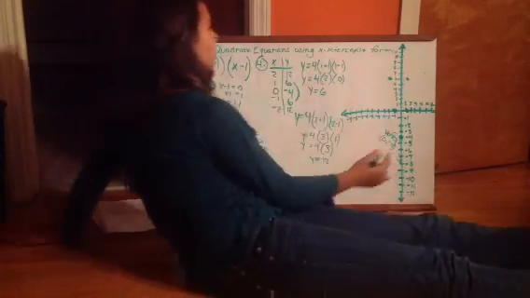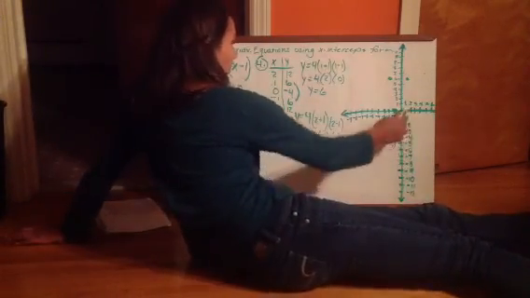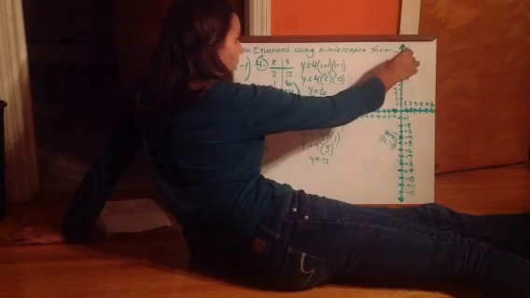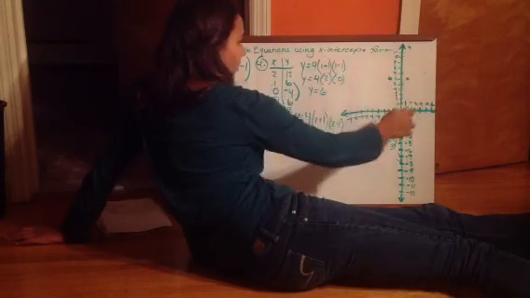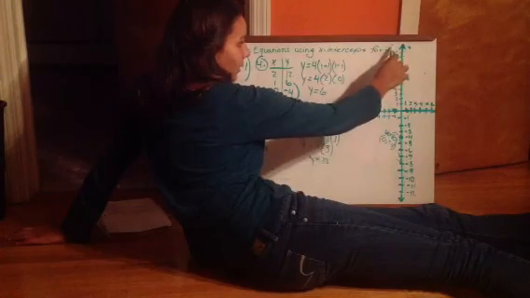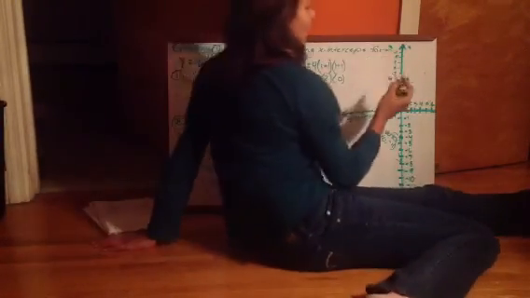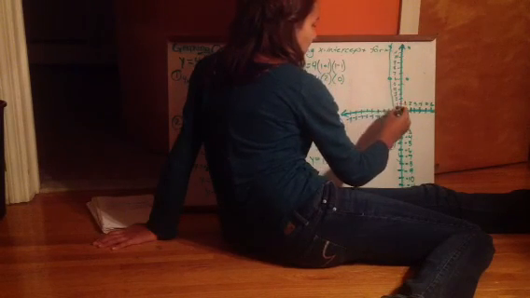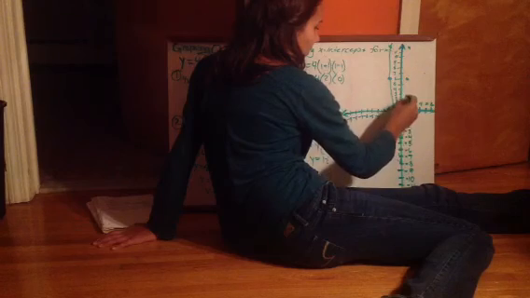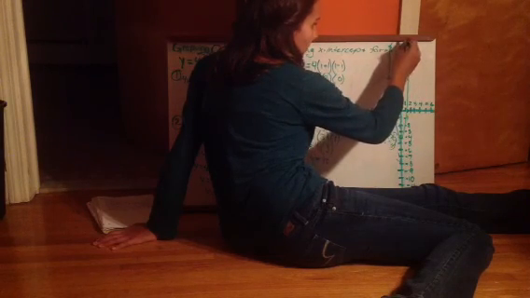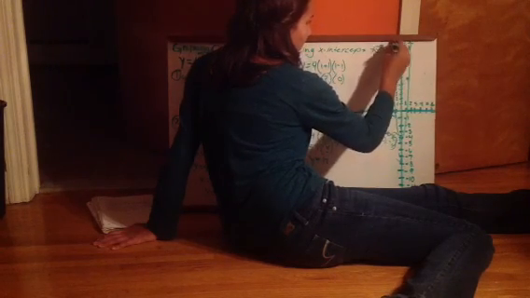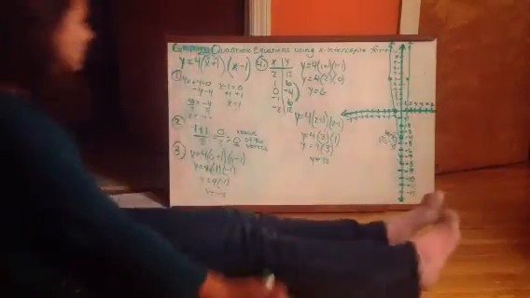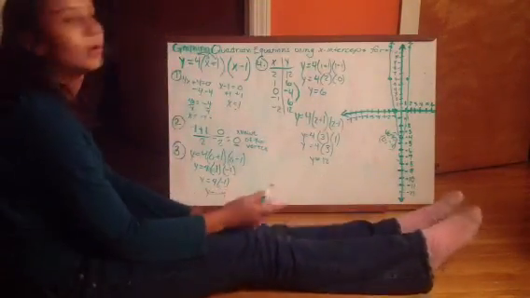See that? Y equals 12. So we're going to go across 2, up 12, across negative 2, up 12. And now you can draw your parabola. Just draw it in. And there you have it. That's how you graph a quadratic equation.